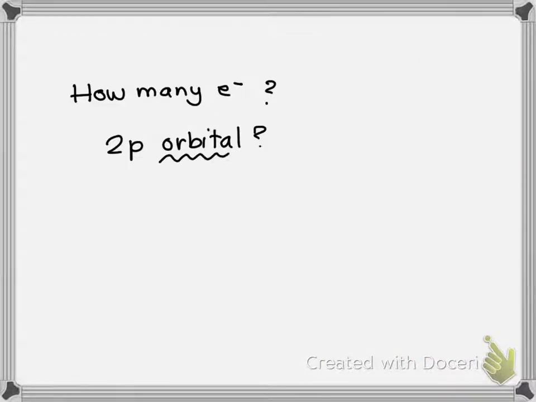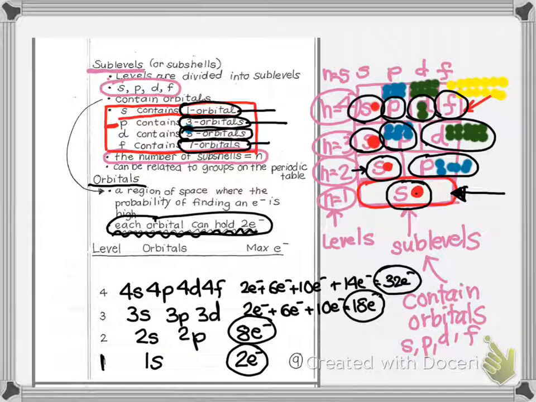So any orbital, no matter what it has in front of it, can only hold 2 electrons. A 4f orbital, 2 electrons. A 3d orbital, 2 electrons. A 1s orbital, 2 electrons. Any orbital only holds 2. Right? So in my picture, an orbital would just be one of these things, or one of these things, or one of these things. It can only hold 2.